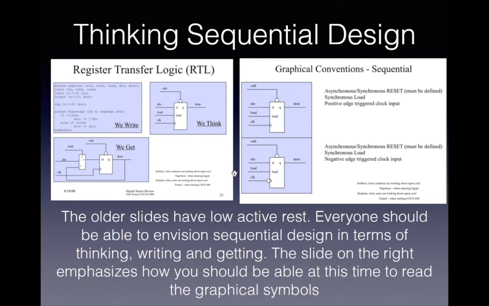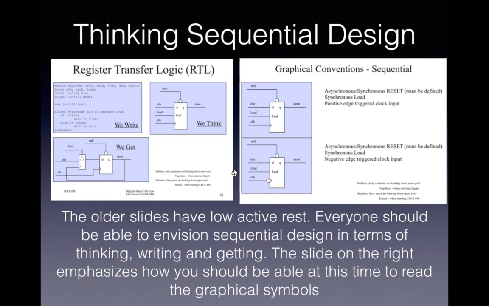If the designer wants to document a negative edge clock, he'll put a bubble on the input, or should. That bubble tells you that that flop is updated on the negative edge of the clock. Now, without a doubt, we always use the positive edge, but you want to be able to read and understand these logic diagrams. The load is a control signal. Again, no bubble tells you it's high active.